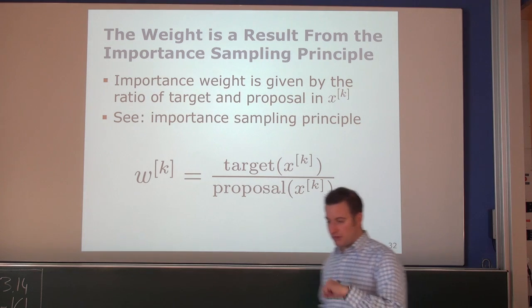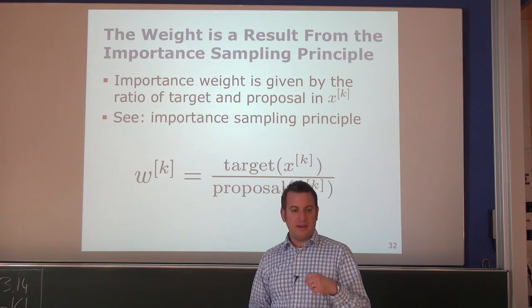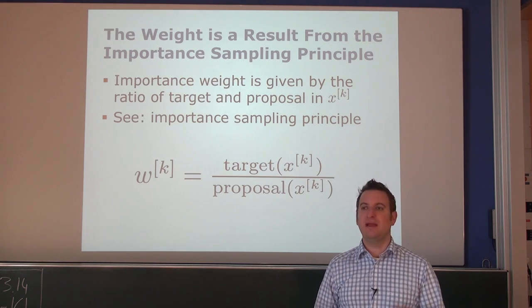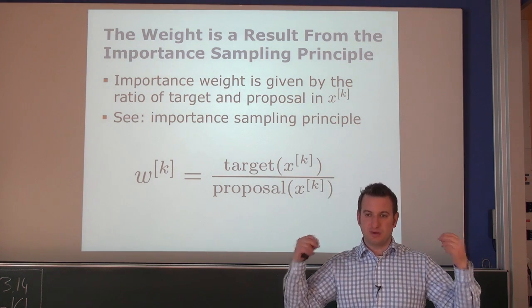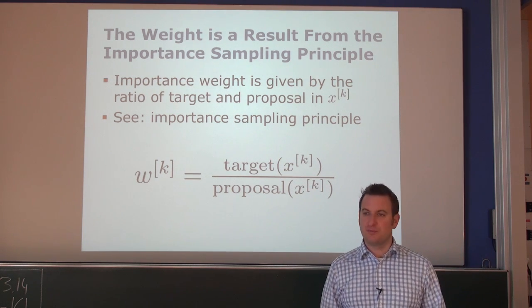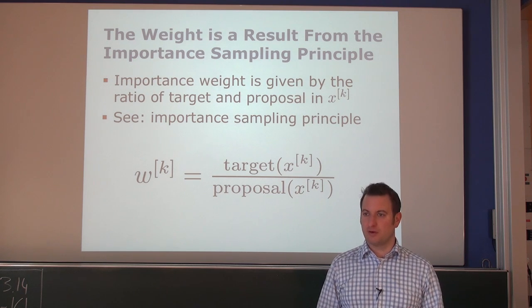Then, although I want to represent a different distribution, I need to correct each sample by assigning it a weight, and the weight is given by the ratio between the target distribution, the distribution I want to approximate, and the proposal distribution, which is the distribution from which I've drawn my samples.